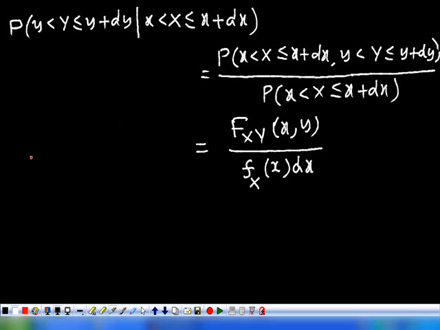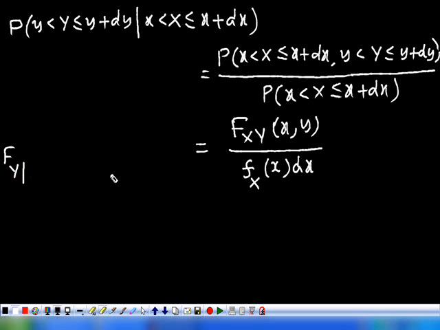Now, what about this? So can I write this as fy? Why am I taking y here? Because both y and x are taking a single value.